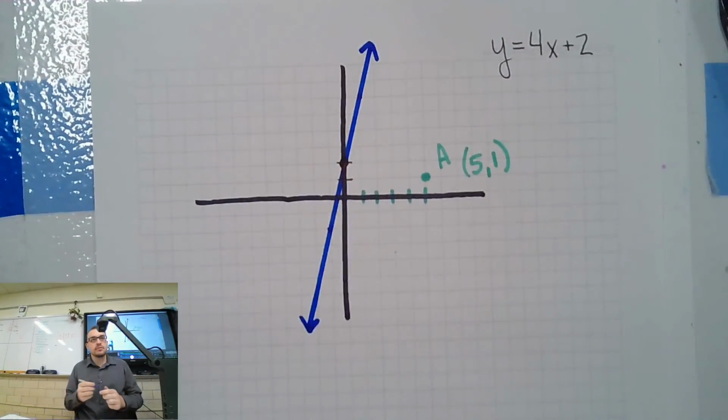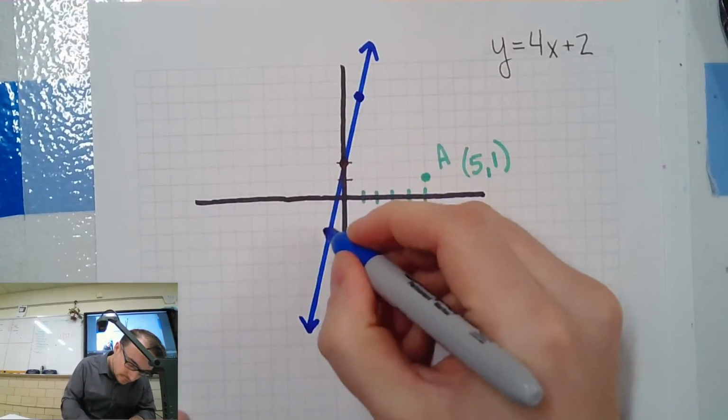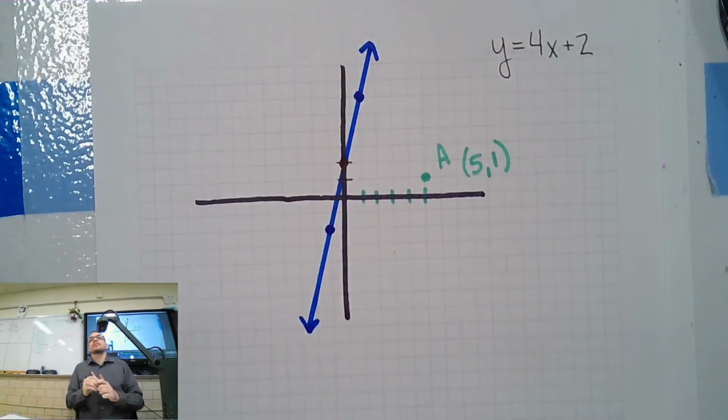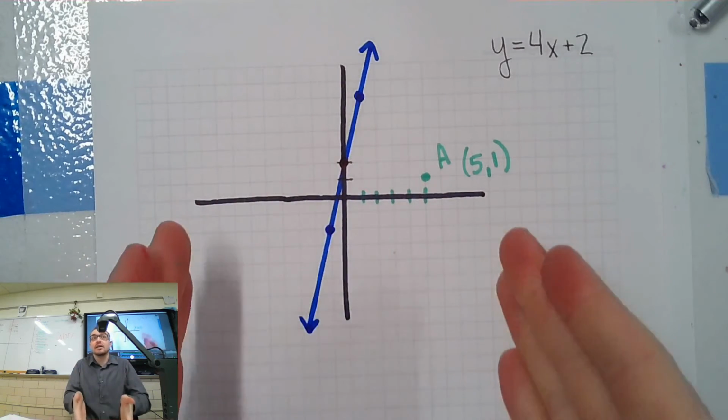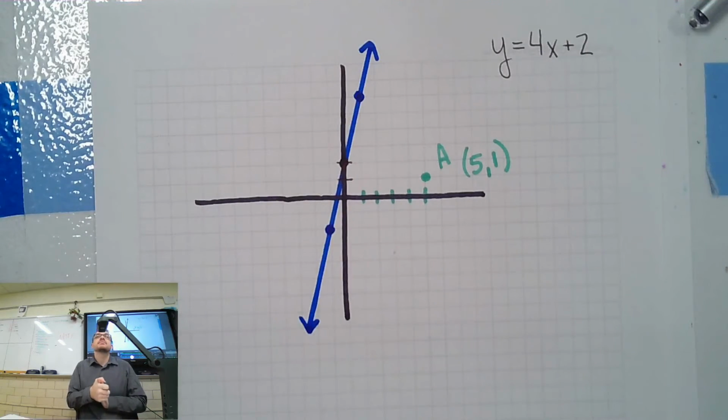How do we feel so far? If this was all the test was, would you be great? Yeah, the graphing, yes. I would be fantastic. You see that second point at the bottom of that line?